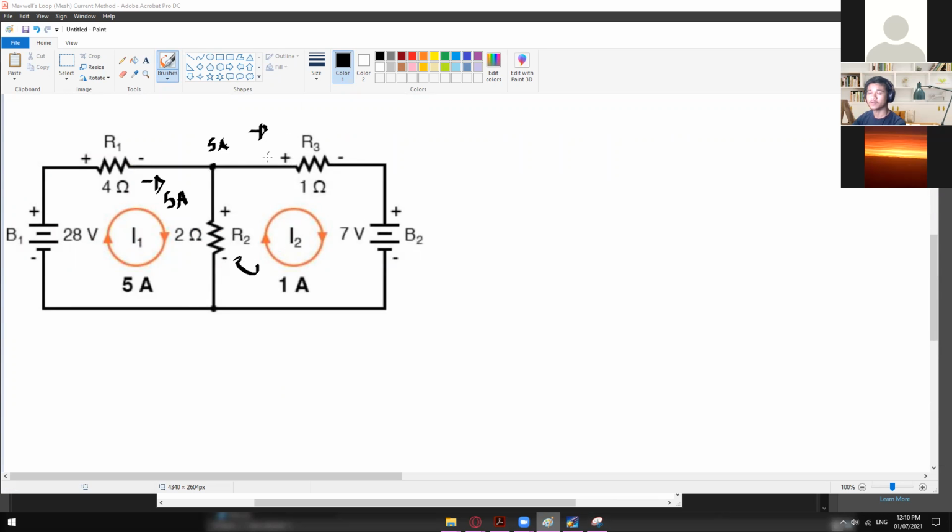We already know that the current flowing right here is 1 amp. If we analyze this using KCL, let's say this is your I2, this part right here is your I3, and this one is your I1. So I1 minus, so it's leaving.